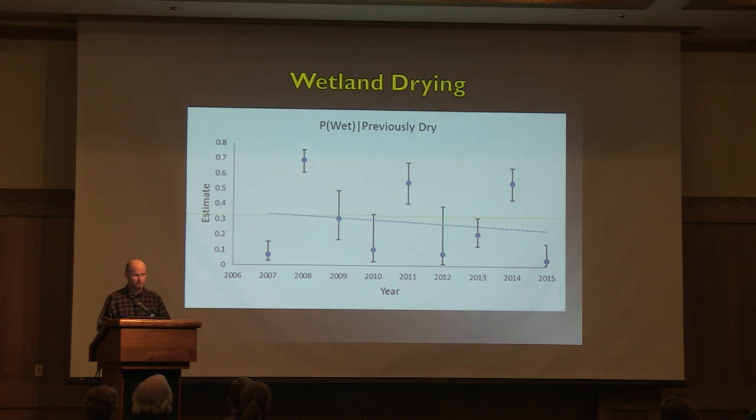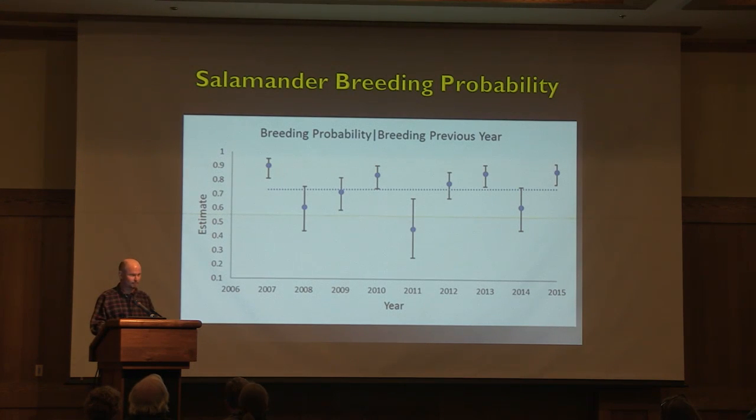So it's interesting to try and understand the dynamics of the wetlands to explain some of the patterns in the breeding. Now we've got an example of salamander breeding. Given the breeding occurred the previous year, here I've got the probability on this axis, and you can see that almost all of these are 50% or greater. So these sites are being used consistently over and over again.